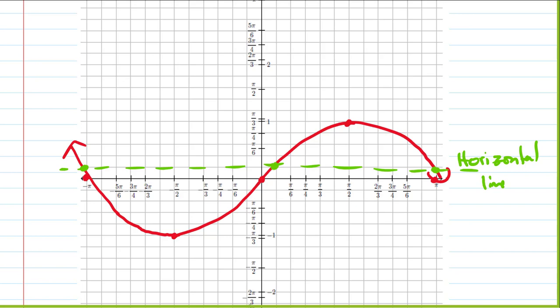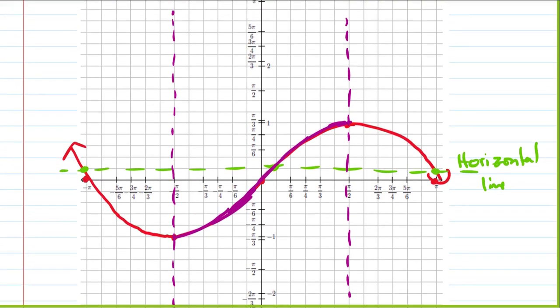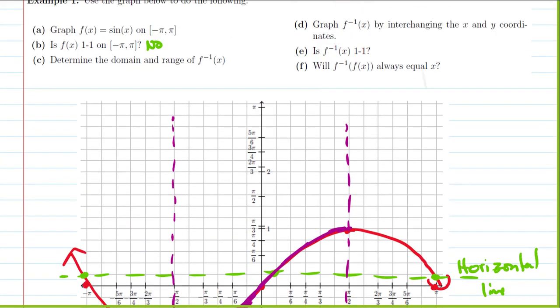So the only way we can make this 1 to 1 is we are going to have to cut off our function between its local minimum and its local maximum. So here on this interval right here, we have that sine is 1 to 1, but only between negative pi over 2 and pi over 2.